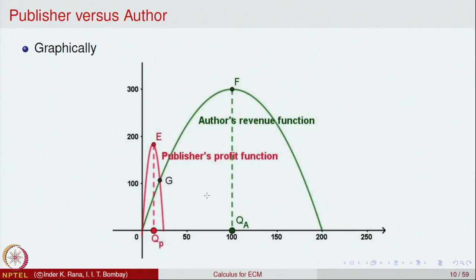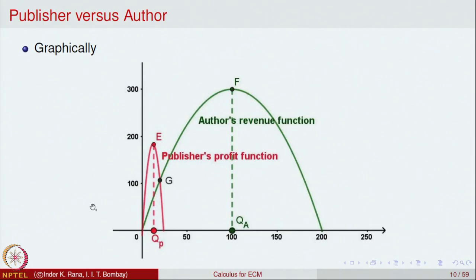And here is an interesting scenario: graphically, these two intersect at the point G. So, G is the value which will give you an equal amount of profit for the publisher as well as the author. So, both will have the same take home, the publisher's profit will be equal to the royalty, but that rarely happens.